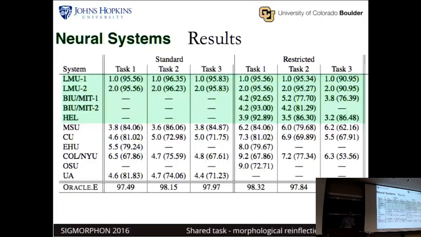Sometimes that's a significant difference, like in task 3 for the top system, and tasks 2 and 3 for the NSU system.